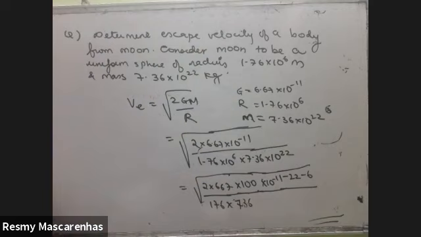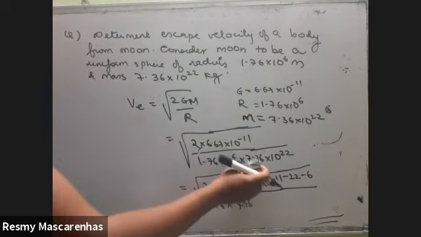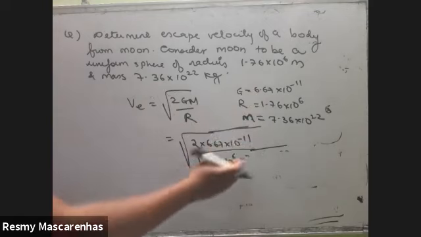M is there on top, no? No one noticed. I substituted it down by mistake. So I was thinking how I'd get a much smaller number. M will be here on top.